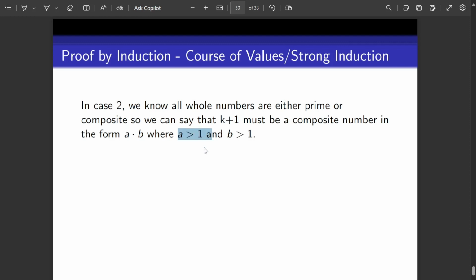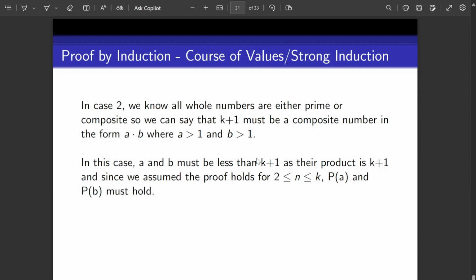The reason they're greater than 1 is because if a was 1, then b would have to be k plus 1, which is just the definition of being prime: divisible by only 1 or itself. So because it's in case 2, a and b both have to be greater than 1.